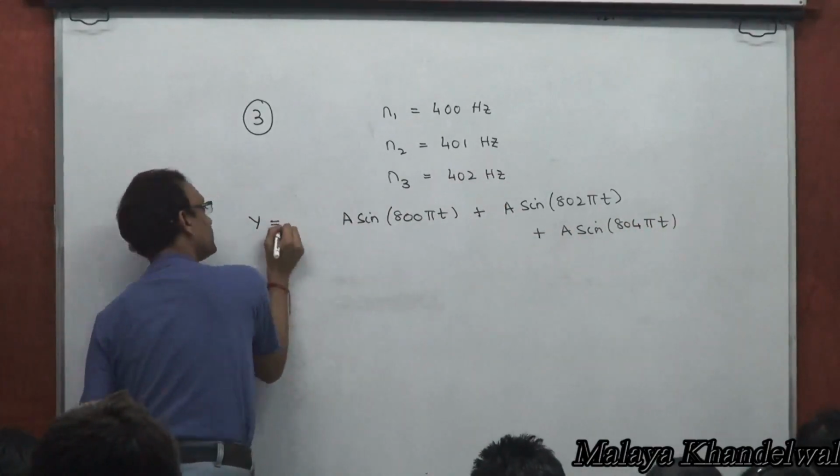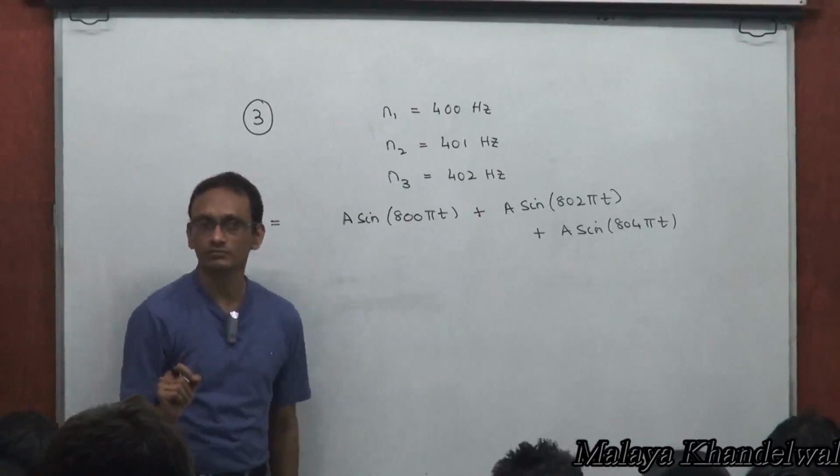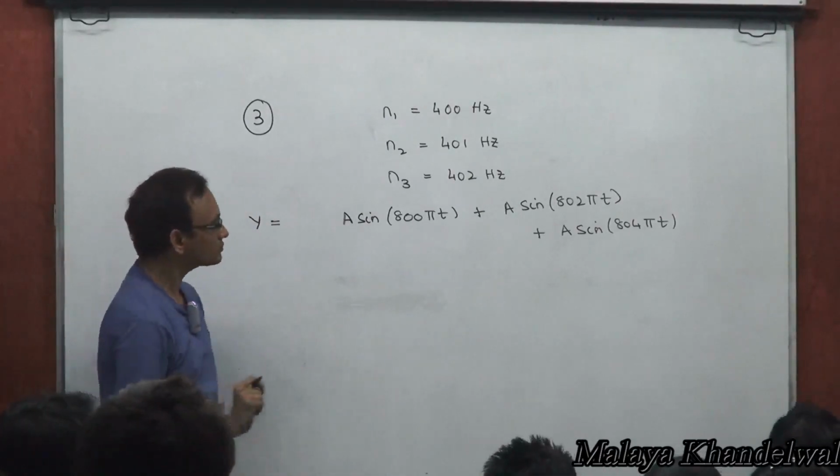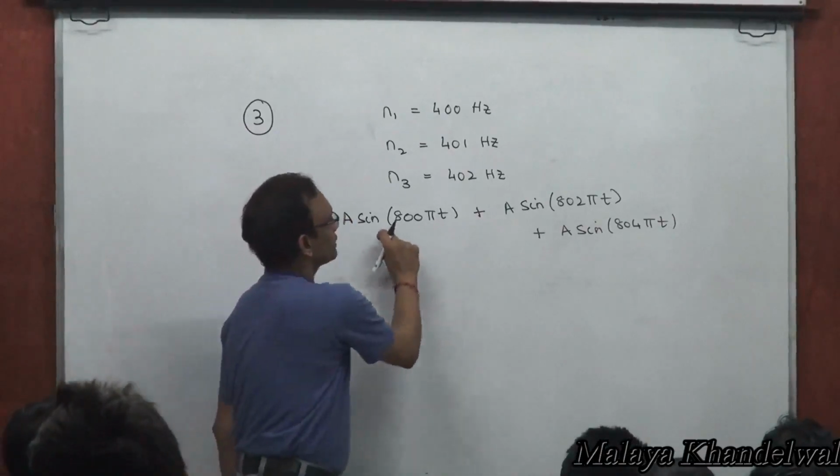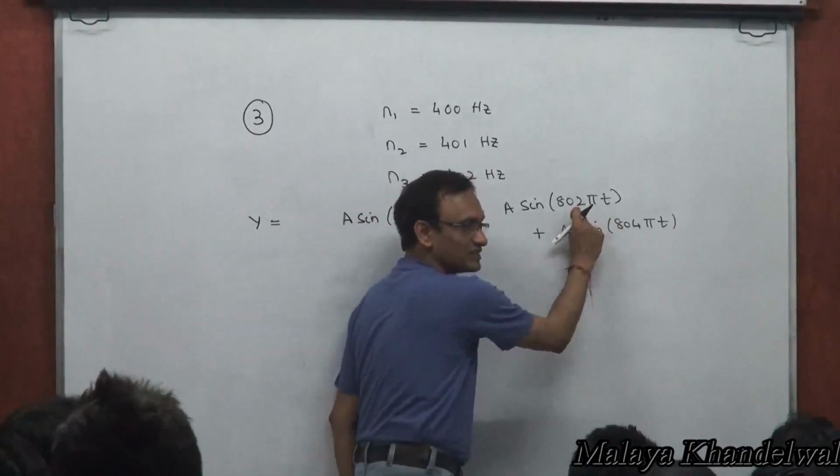That's the disturbance produced at the point of observation. We can combine all of this. We can combine this and this so that we have this, right?